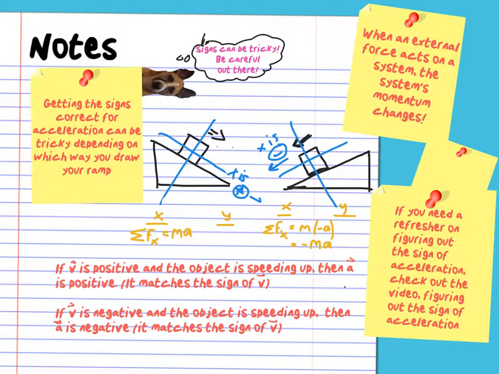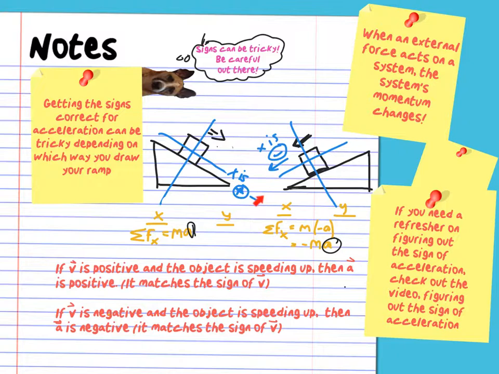You might have encountered something tricky on your homework. Depending on the way you draw your ramp, you have to make the sign of your acceleration different. If you drew your ramp this way, the box is going down in the positive x direction, which means its velocity is positive.